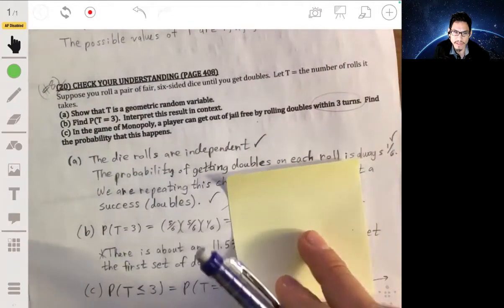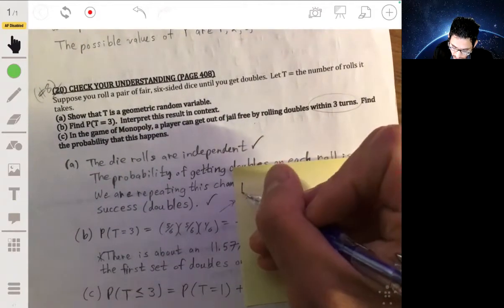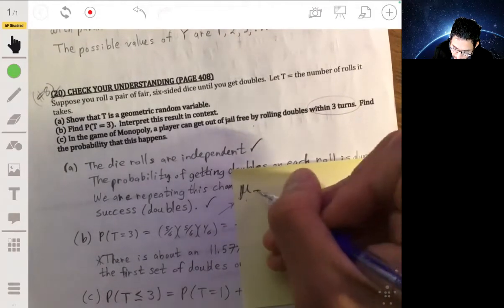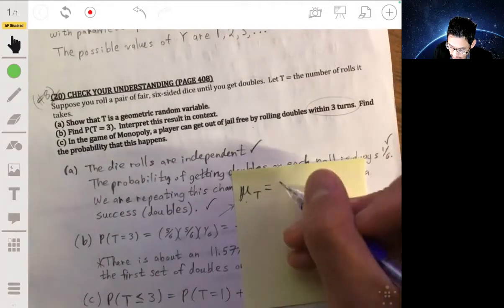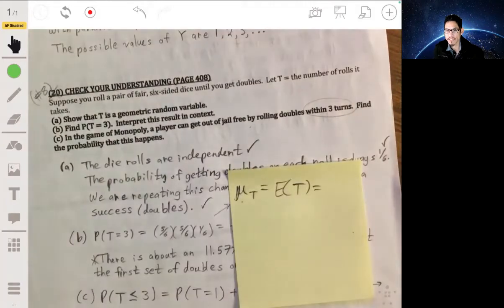Let's say we want to find the mean of t. What's the expected value of t in this scenario?